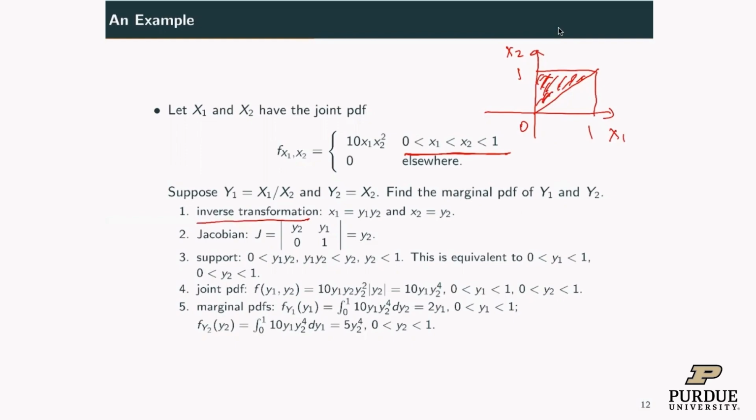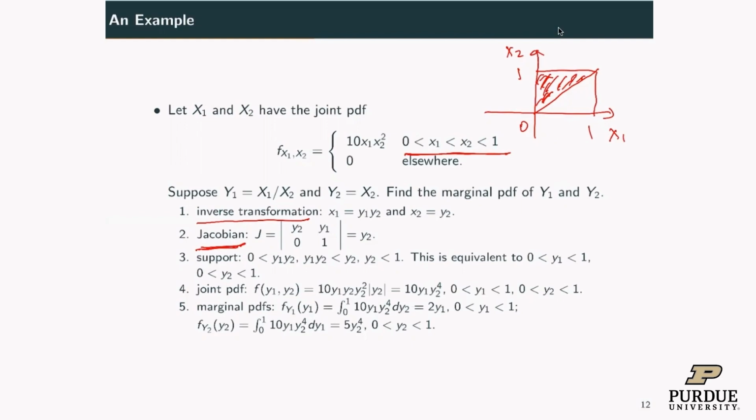So you have Y. Now let's solve for X. X1 is Y1Y2, X2 is Y2. Second step, let's calculate the Jacobian. So the partial derivative of X over Y. You get the determinant of this Jacobian, which is Y2.